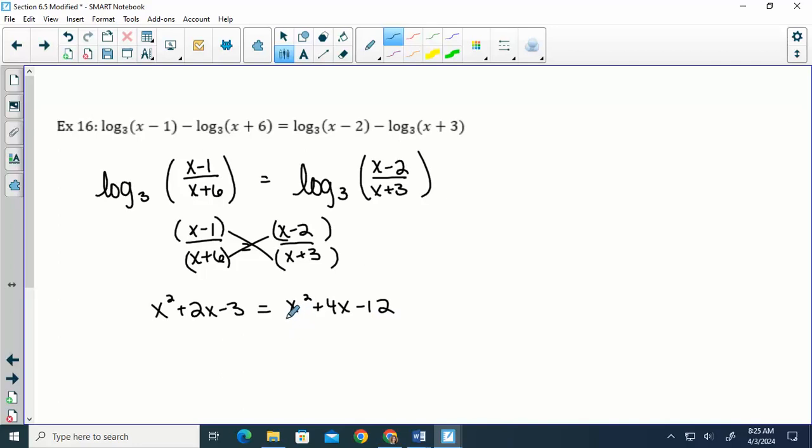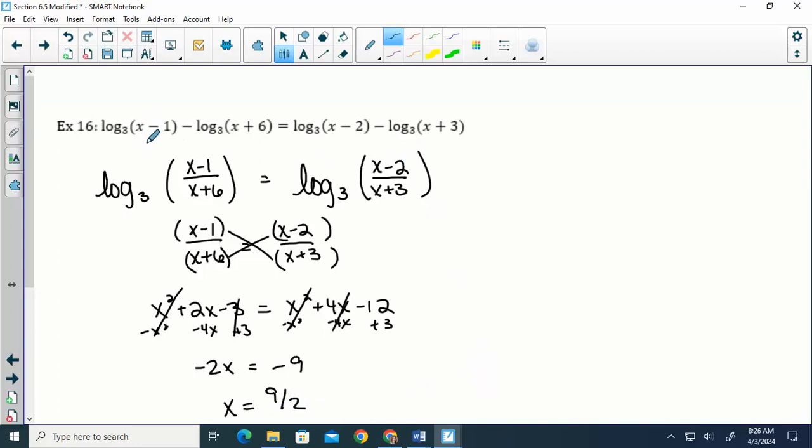Okay, if I subtract over my x squared, those cancel. If I subtract my 4x, I have a negative 2x. Add my 3, equals negative 9. So x is 9 over 2, or like 4.5.